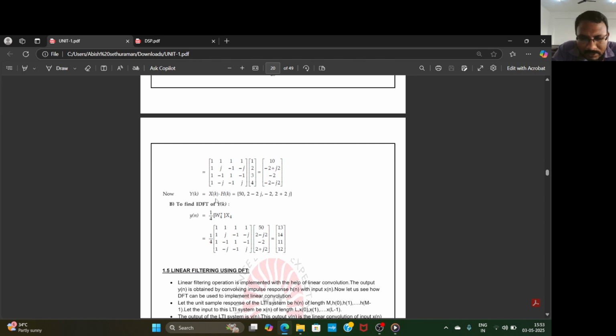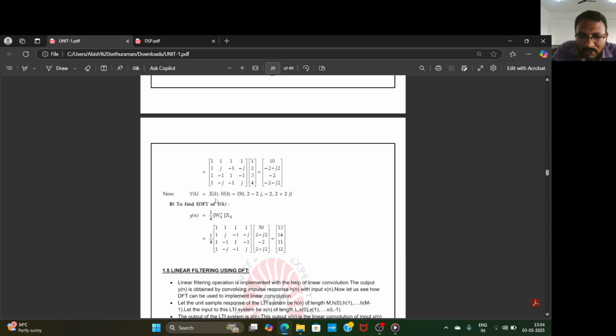So in the first part we have taken the DFT. Then in the second part, we obtain the IDFT. To find the IDFT of y of k, we use the matrix IDFT formula: y of n equal to 1 by 4 W4 star. Here the star should be indicated, meaning for the complex terms the sign should be changed. Then multiplied by X4.